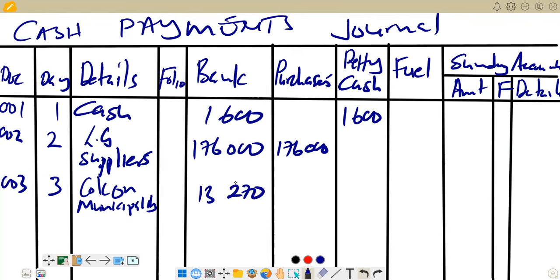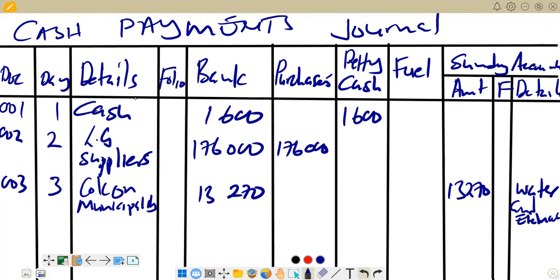And remember, this is payment for water, electricity, and this doesn't fit in purchases, petty cash, or fuel. So it means we are going to post it under sundry accounts. So we are going to put it here, 13,270. And on the details, we know that we are paying water and electricity, so it's water and electricity.